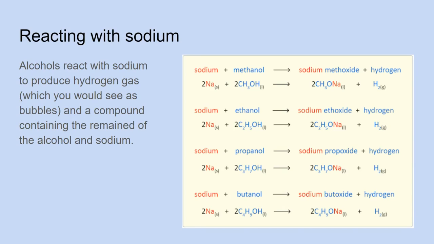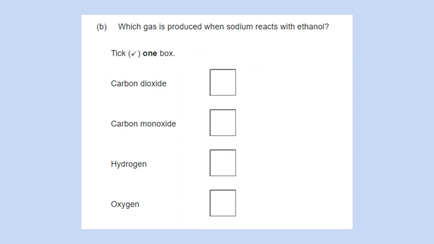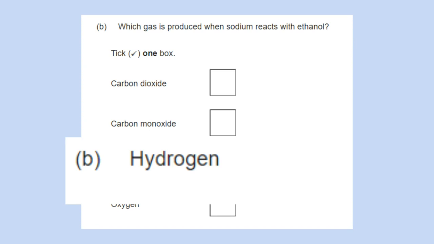Now it does only state the first 4. It's not something that they could ask extra of with you. They couldn't ask 5 or 6 carbons in a chain length for this one. So they could ask you a simple tick box question like this. So hydrogen is produced.